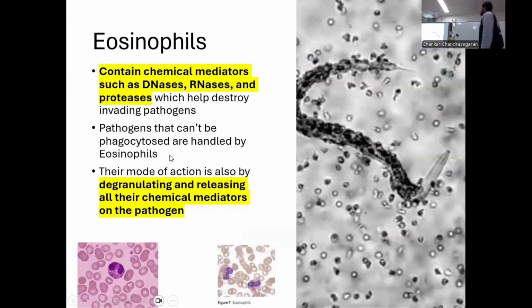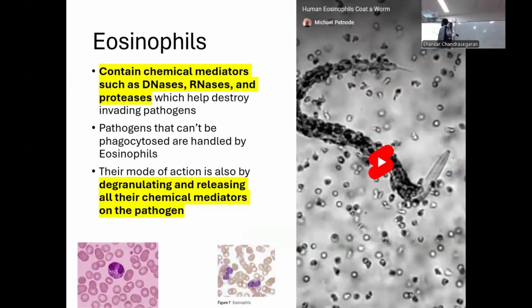All right, moving on to the next cellular component, your eosinophils. They are basically chemical warfare experts. They use things like DNAs, RNAs, and also proteases to help destroy invading pathogens.